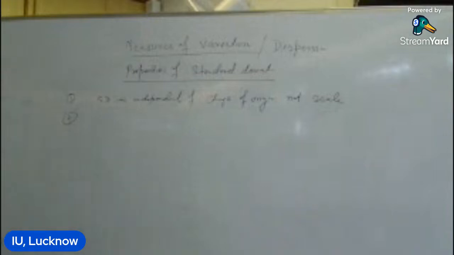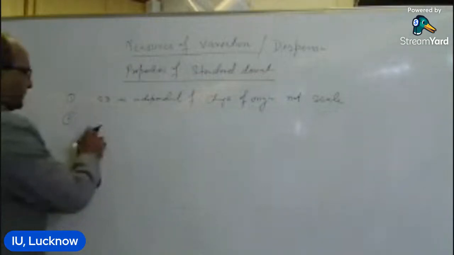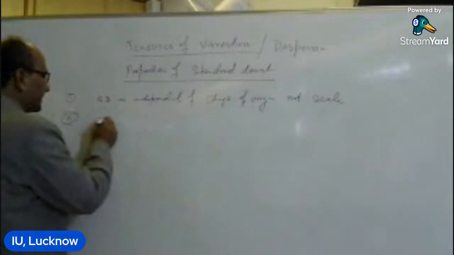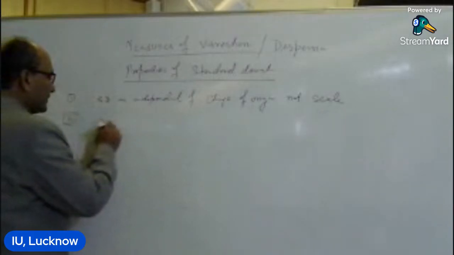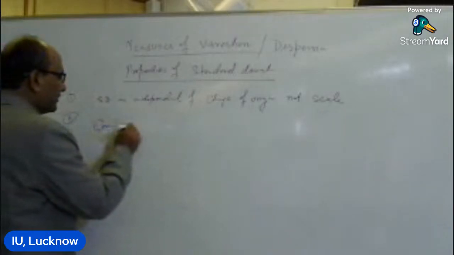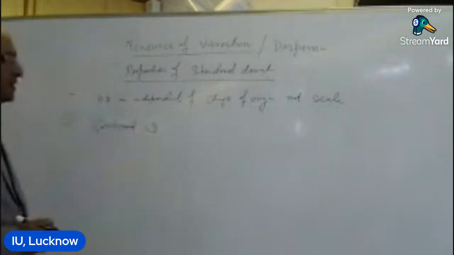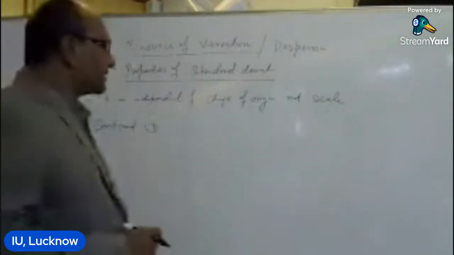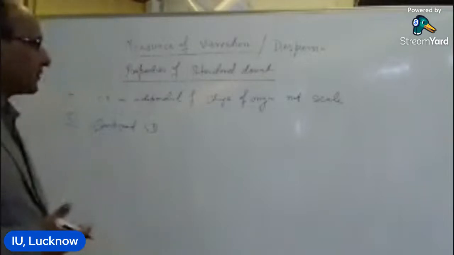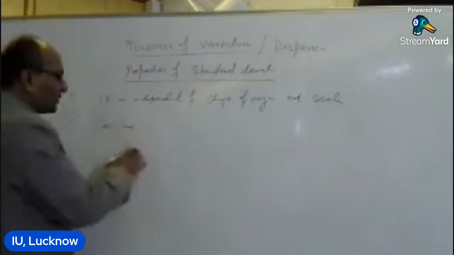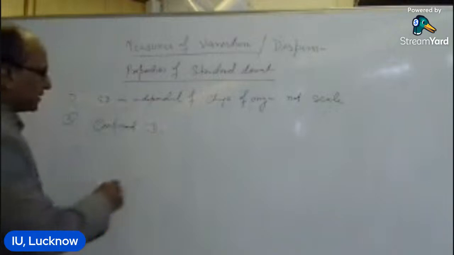Also we can obtain the combined variance and combined standard deviation. Combined standard deviation means if we have more than one set of observations whose information is given, then we can combine them as one.